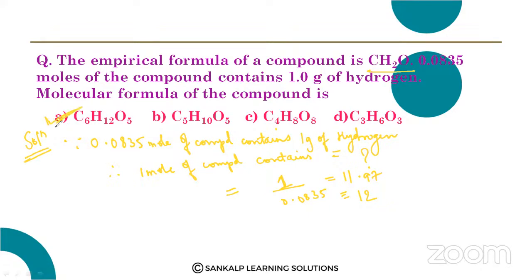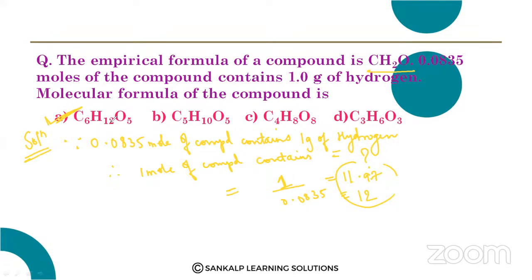So the empirical formula of a compound is CH2O. They have given the empirical formula and they have said 1 gram of hydrogen is present in so much mole of compound, so for 1 mole you have to find out. Whenever you are finding it for 1 mole, you just cross multiply. It gives you this answer, nearly 12.